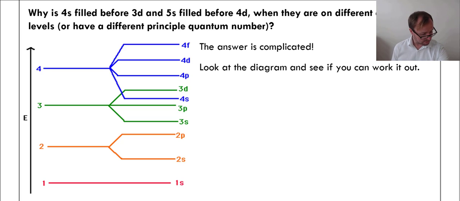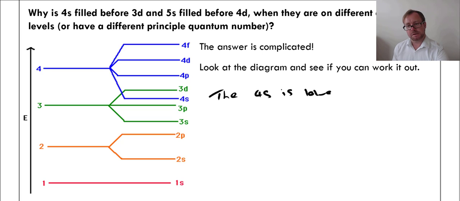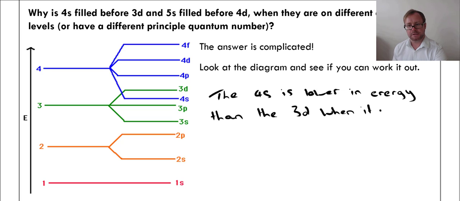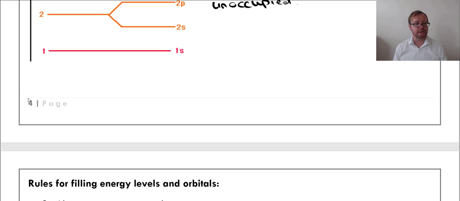So we can write that down: the 4s is lower in energy than the 3d when it is unoccupied. Okay, right, so we'll carry on.